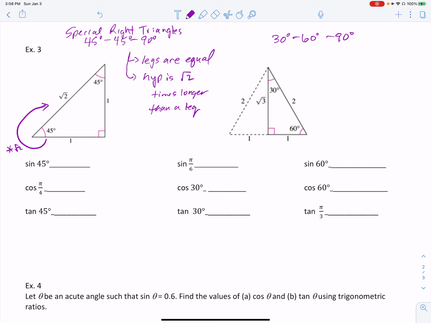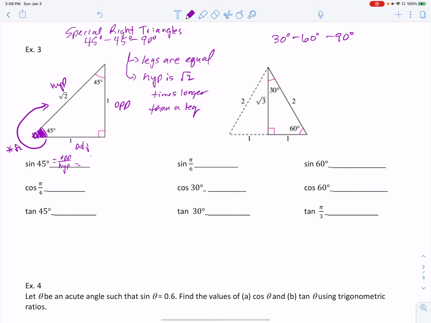So sine of 45 degrees. If I think about this as being my reference angle, this is opposite, this is adjacent, and this is hypotenuse. And sine of 45 degrees is opposite over, sorry, that's not right. Come on. Opposite over hypotenuse.